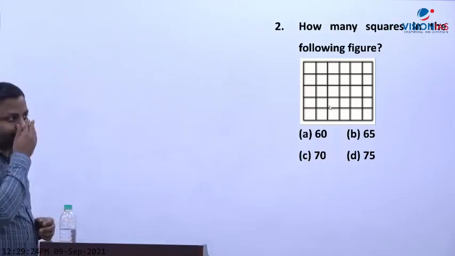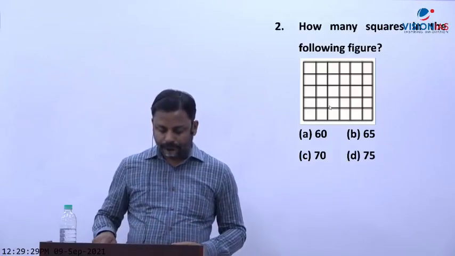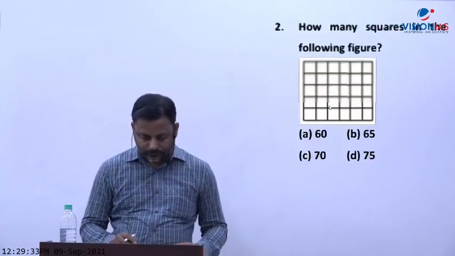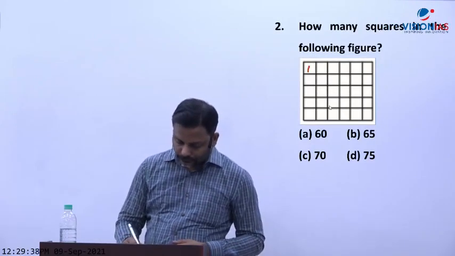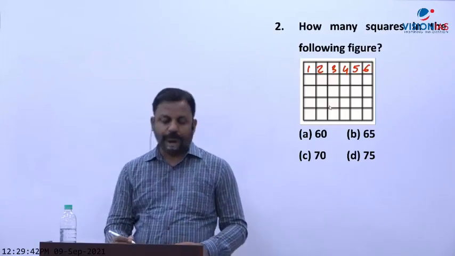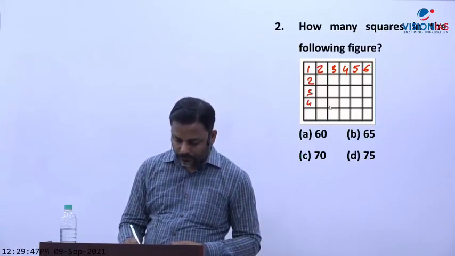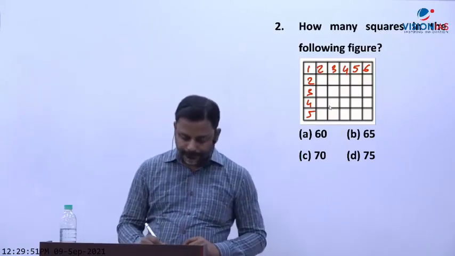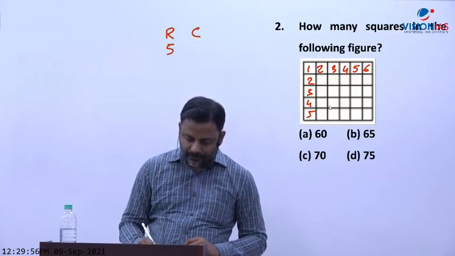Okay, so the answer is 70. We have 6 columns and 5 rows, so the value of row is 5 and that of column is 6.